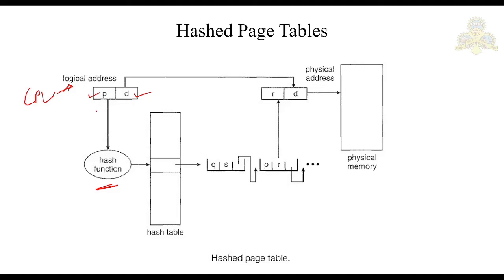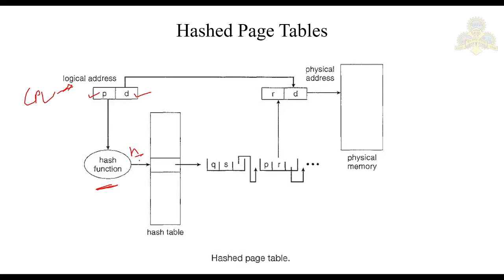This page number is given as an input to the hash function, like the examples I have given. Once the hash function is applied on the page number, it produces a value, which we call the hash value.